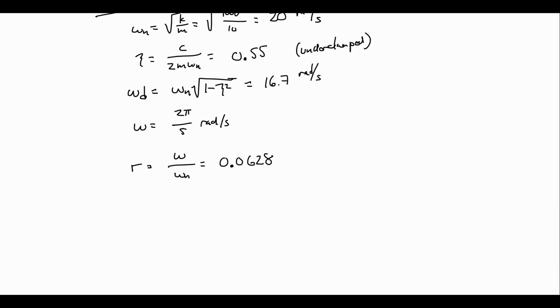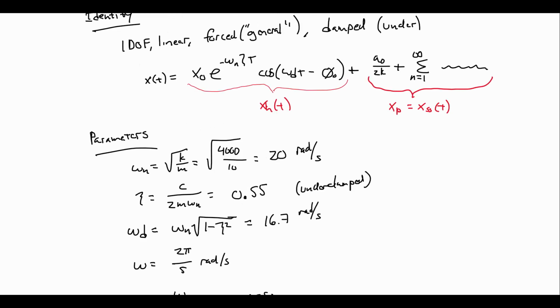And we're going to need those phases that are going to vary with n. This I'll do in MATLAB, but just to refresh what it was, the 4-quadrant arctangent of 2 zeta n r over 1 minus n squared r squared. And also for x of t, we need this x naught and phi naught.